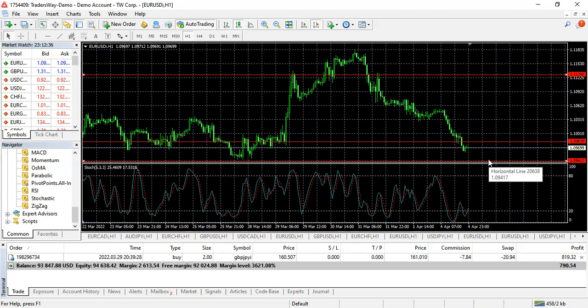As I've said earlier, a profitable trader doesn't really focus on how much he is losing, but really focuses on how many trades are going against him.